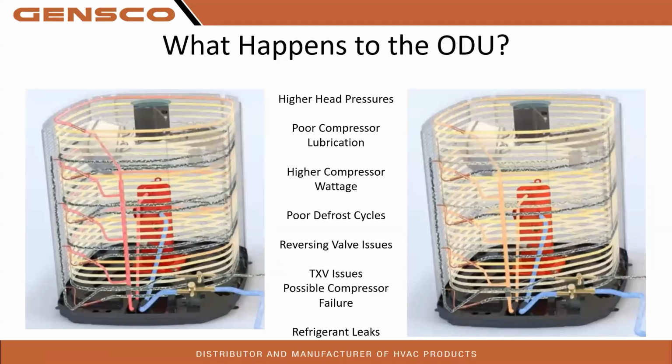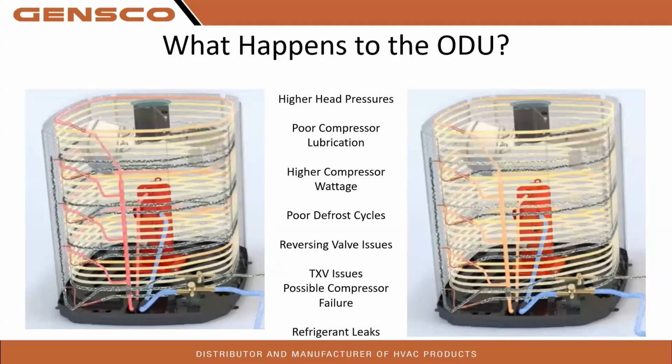You're going to see poor compressor lubrication simply because we're not moving refrigerant. That cold, low pressure, low temperature refrigerant that's coming back to the compressor is there to cool it down, right? If we're not moving refrigerant, we're not cooling it down. It's like a car engine lacking a water pump or lacking coolant. It's just not going to cool it down. The compressor is going to run at a much higher wattage.